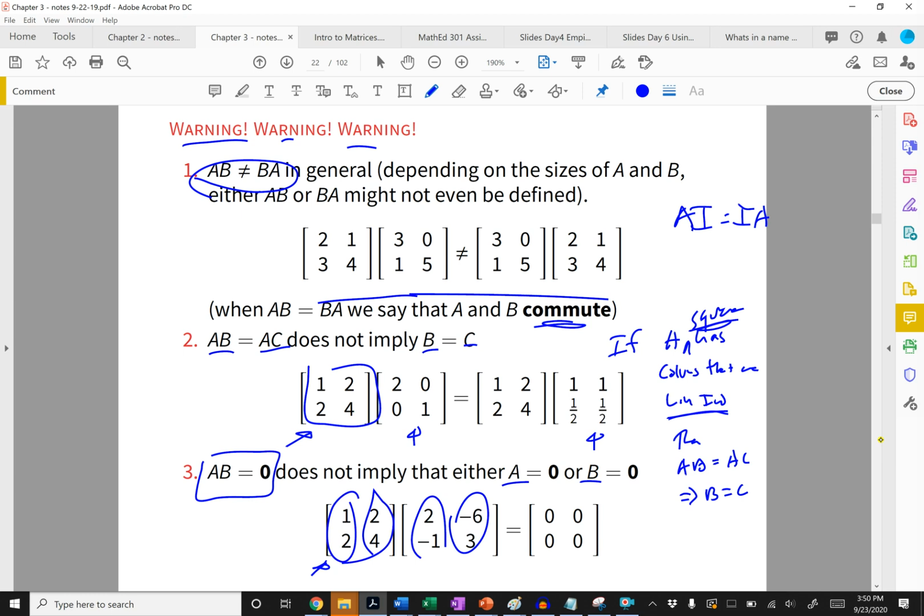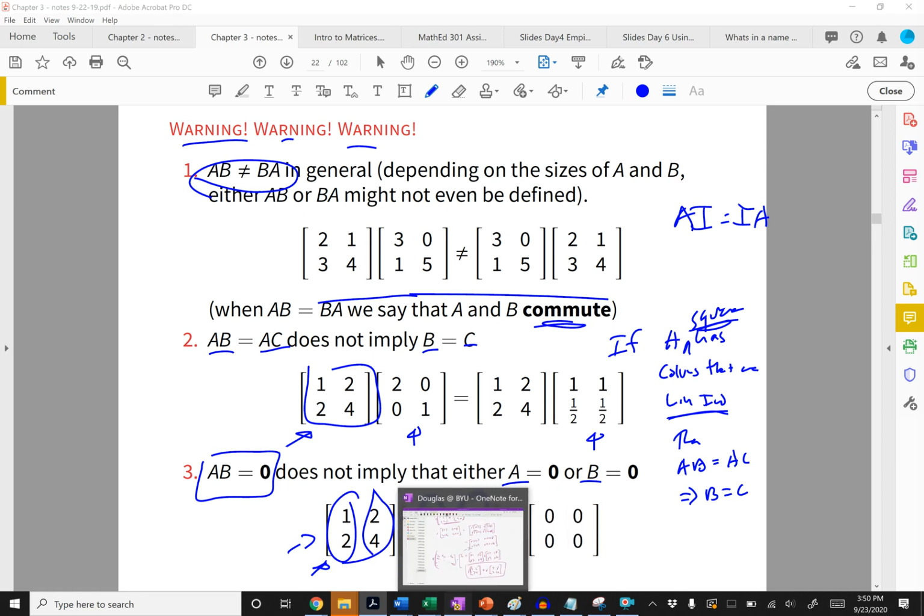If you have linearly independent columns, then one of them would have to be the zero matrix to get the zero matrix out.